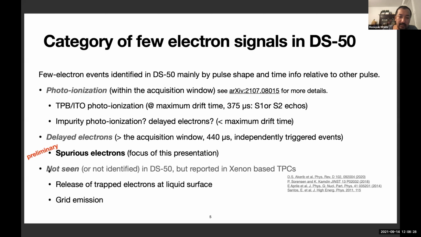One thing we couldn't identify so far is the release of electrons trapped at the liquid surface and then grid emission. We're looking for features reported by the xenon people, and so far we couldn't identify those events.